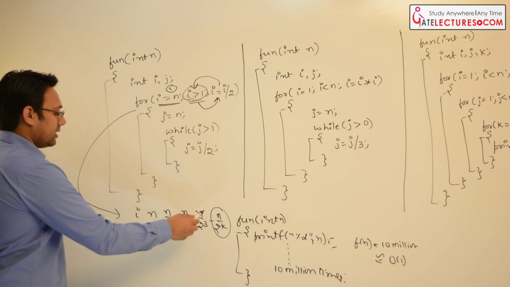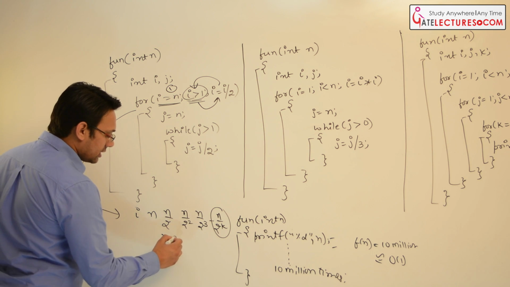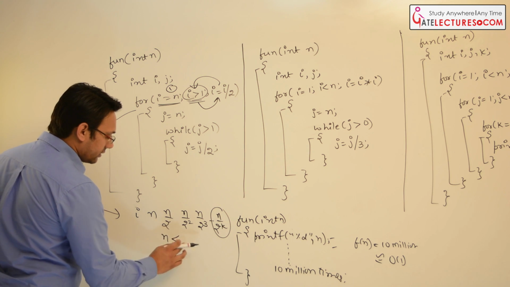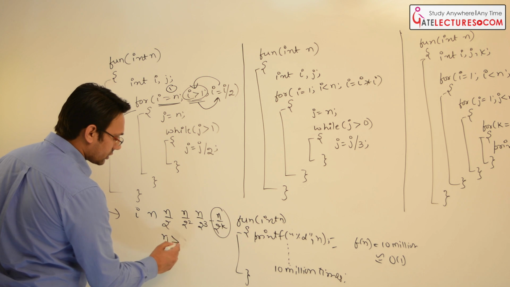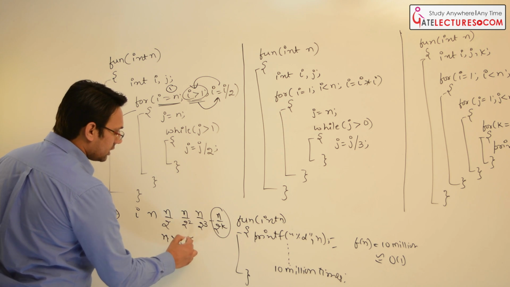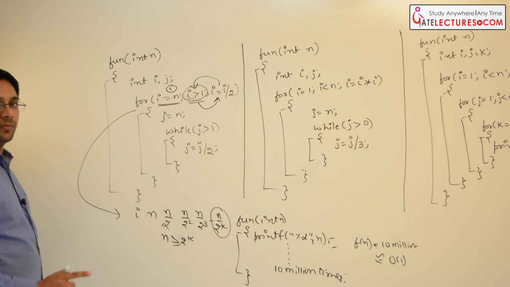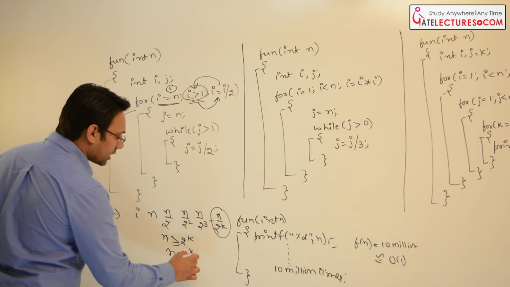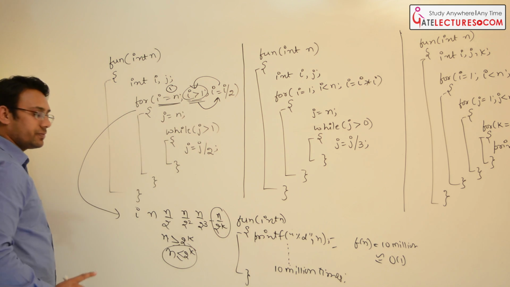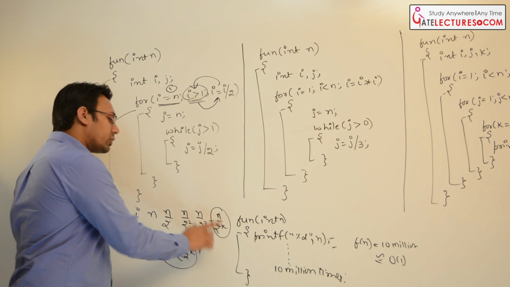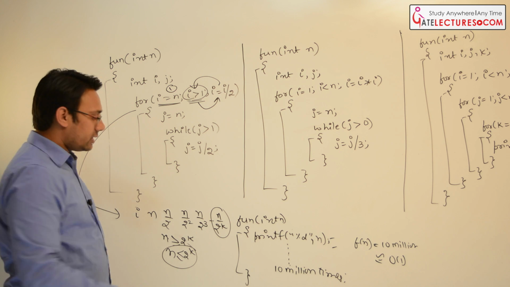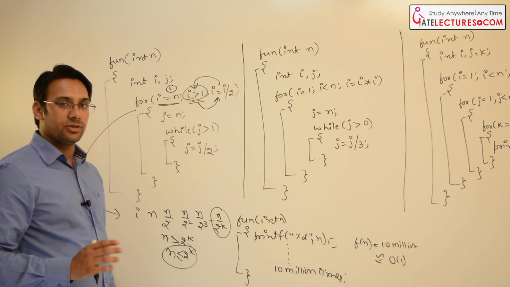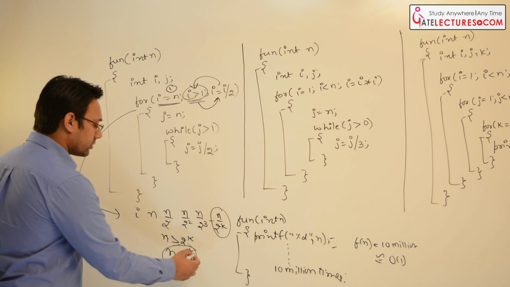That means if n is greater than or equal to 2^k, till that time this statement is executed, but when n becomes less than or equal to 2^k, then this statement will be false. Why? Because if 2^k is greater than n, then n divided by any number which is greater than n is going to give you 0.